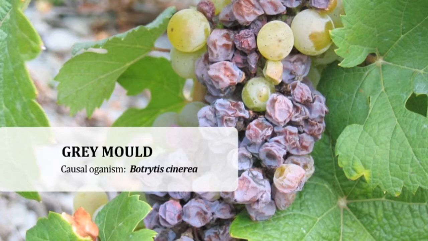Next important disease is the grey mold. It is caused by Botrytis cinerea. Although the most obvious symptoms are on the berries, Botrytis cinerea can infect the green leaves and cause necrotic brown spots. Inflorescence can also be infected, causing the inflorescence to dry out.